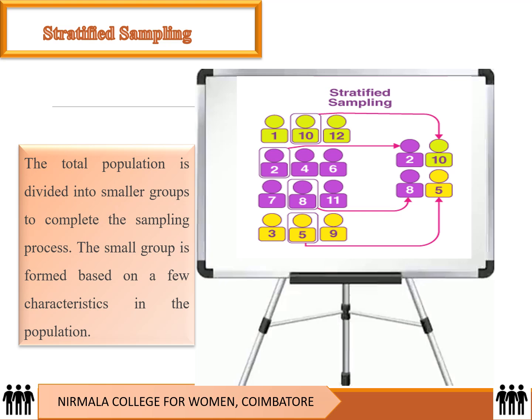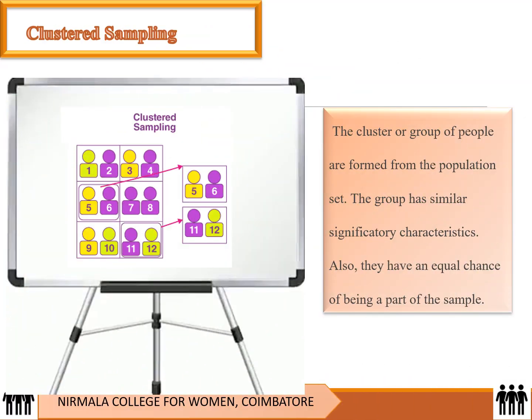So next is cluster sampling. This method of cluster is nothing but a group of people that are formed from the population set. The group has similar characteristics and they also have an equal chance of being a part of the sample.